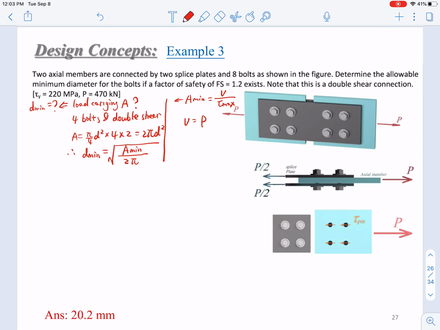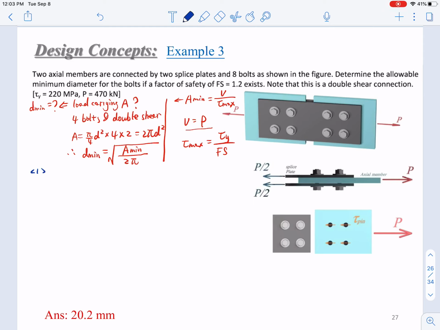V equals P. We have been dealing with this kind of problem many times, so you should quickly realize that V equals P. Then how about tau max? Tau max can be calculated from yielding stress over factor of safety. So everything has been clear.